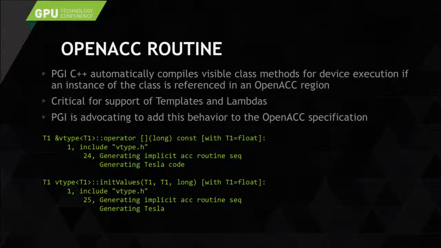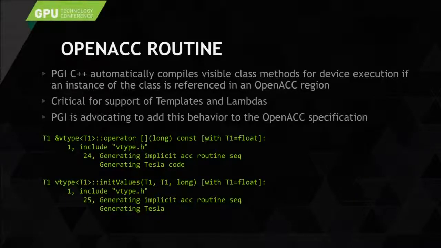So this is going to be important in things like templates that you may not have access to the code and you can't put in routine, or there are just many of them, or lambdas, something where you may not have access to the actual definition yourself. So we automatically do this for you. And I think any compiler that does implement OpenACC and C++ will have to do something similar, because there's going to be too many methods for you to have to decorate in your class all those routines. So we automatically do this for you as a convenience.